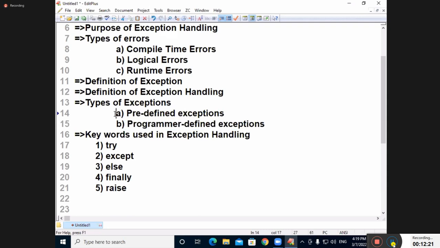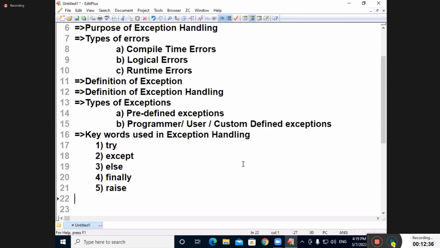We will talk about predefined exceptions and programmer-defined exceptions. It is also known as user-defined or custom-defined exceptions, which we are going to see. Students, programmer, user, or custom-defined exceptions, we will talk about that.